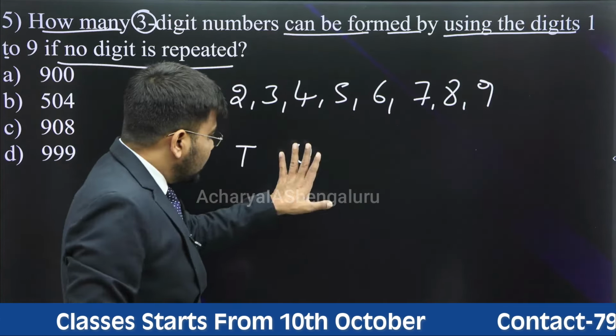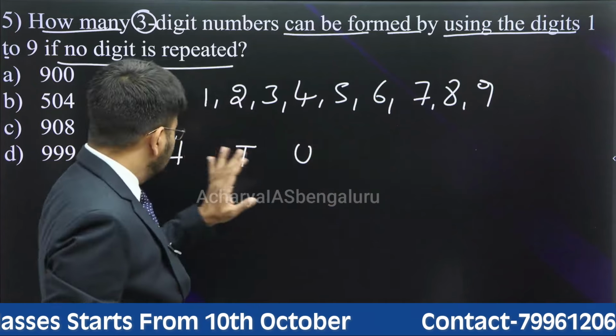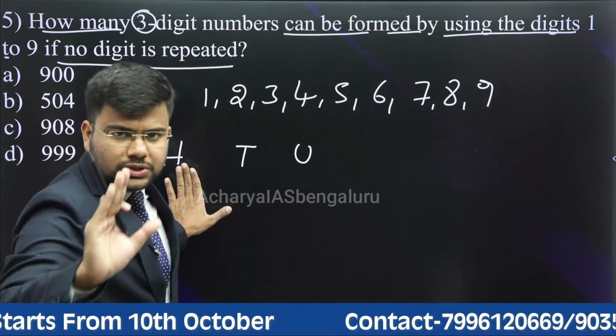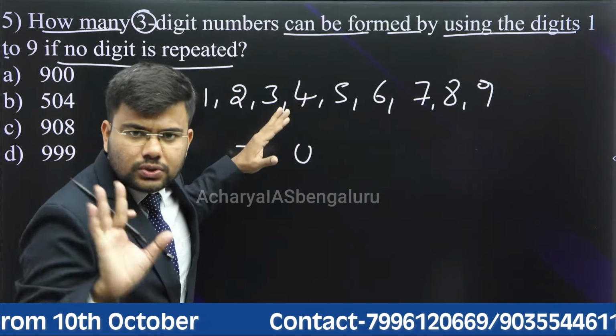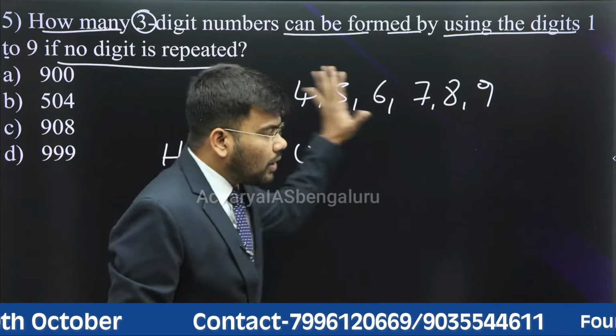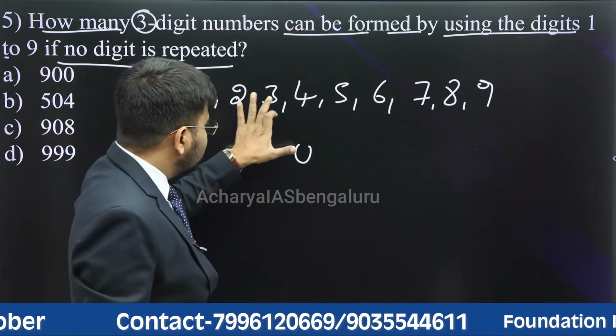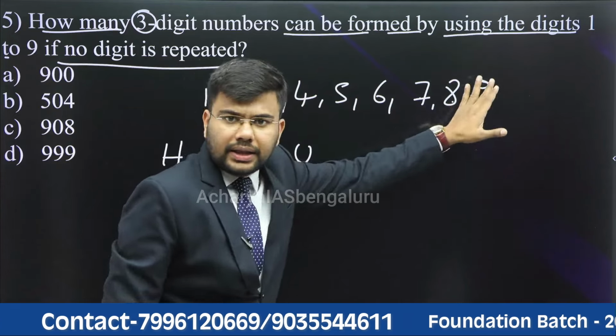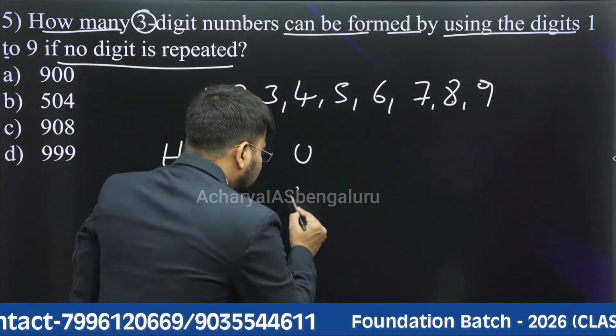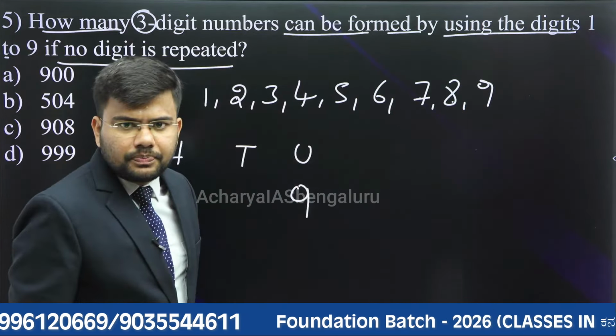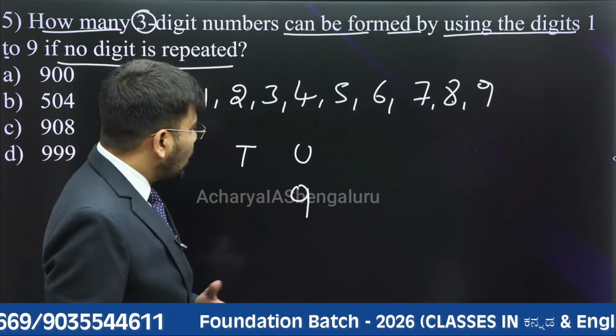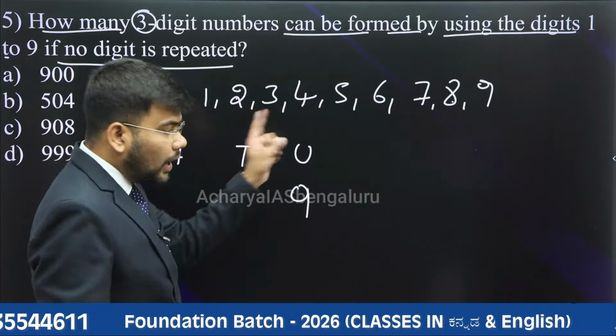It's a 3-digit number, so in the 100 place there should not be 0, but in the digits there are no zeros itself. So I can take all the numbers 1 to 9. There are 9 digits. Hence, the units place can be filled with 9 digits, either 1 or 2 or 3 or 4, anything up to 9.